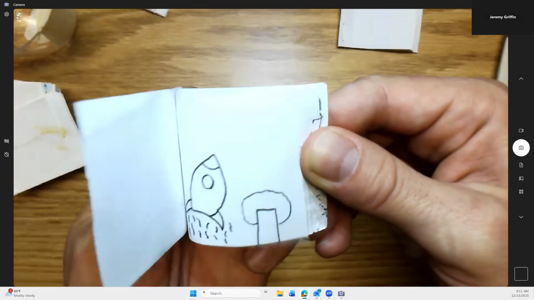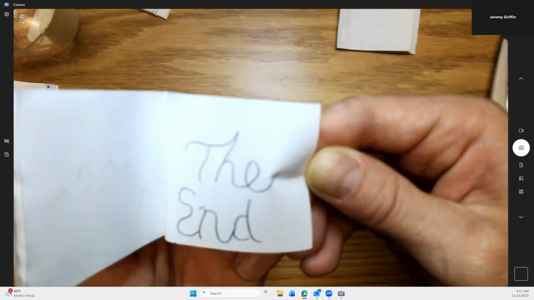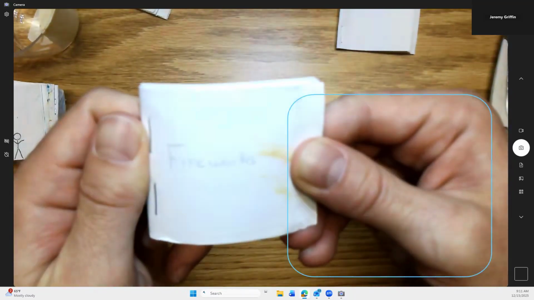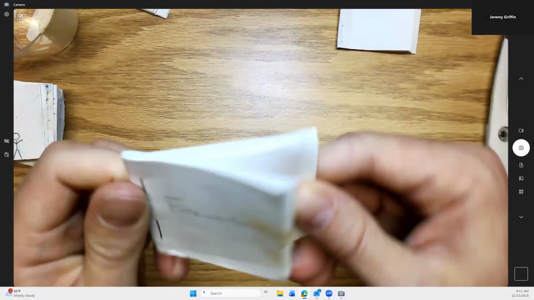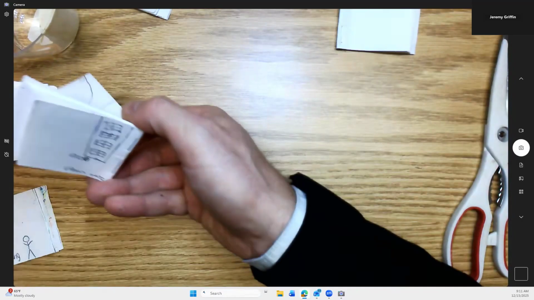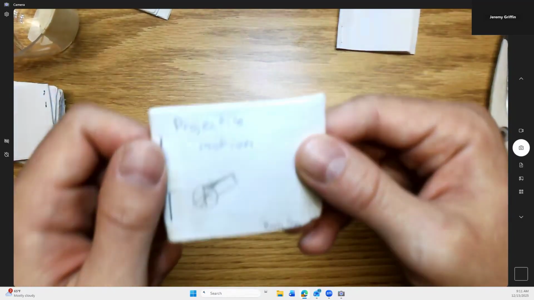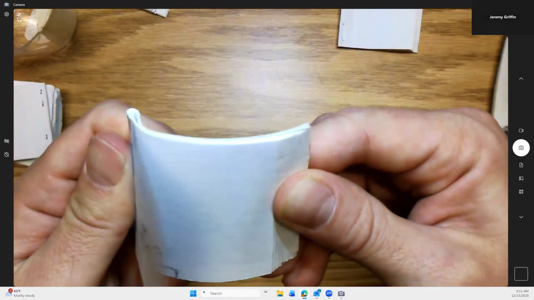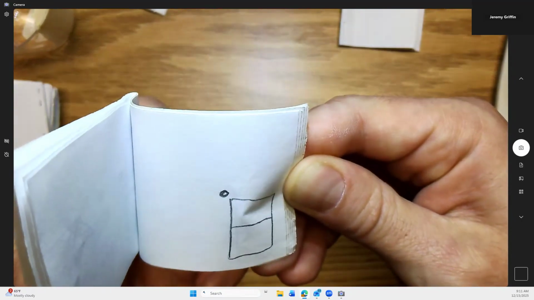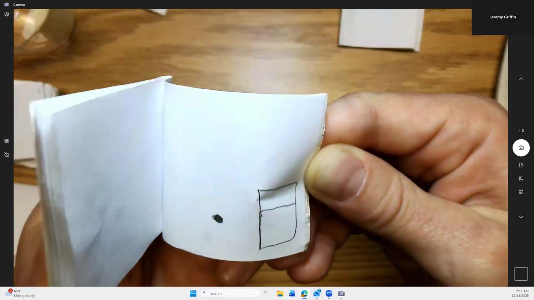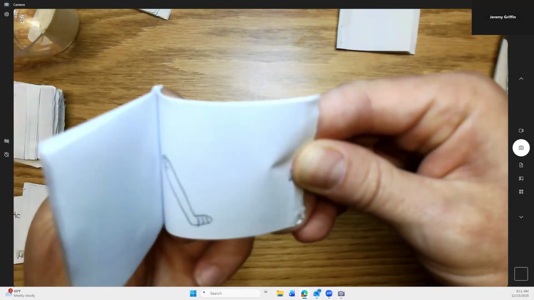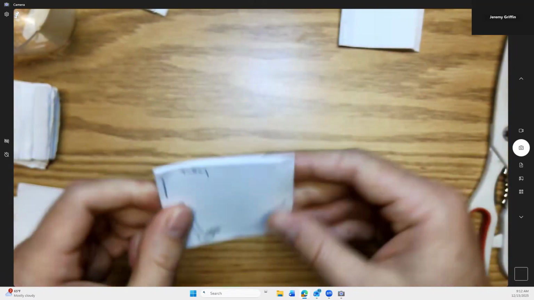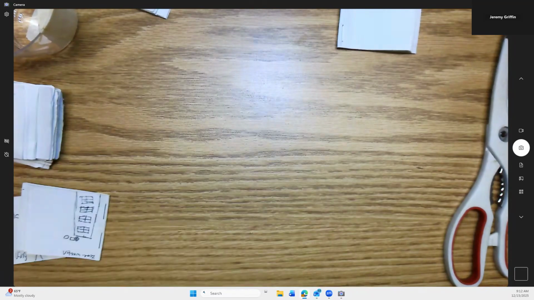Light's kind of weird on this. Solar system.